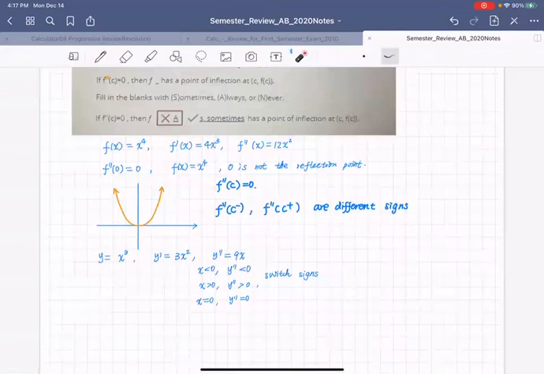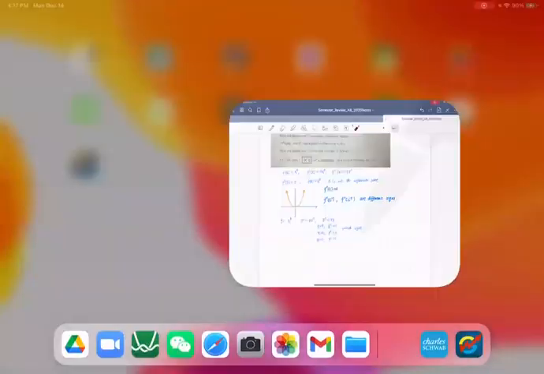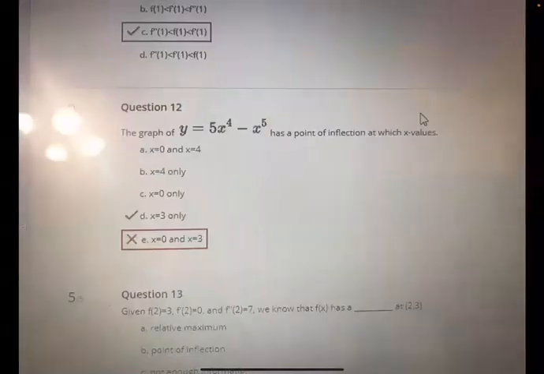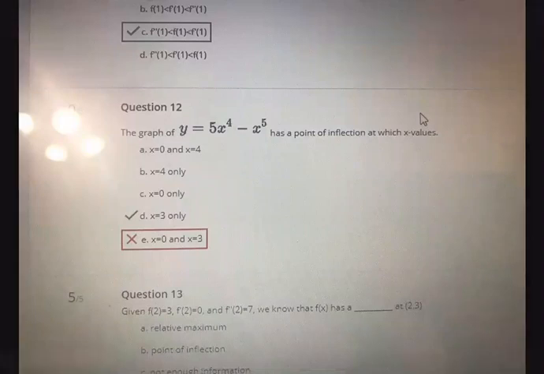All right, so how do you find an inflection point? You have to follow this procedure. You want to find the next question, inflection. Oh, okay. Hold on. Let me get this one here, because I thought I did it correctly.